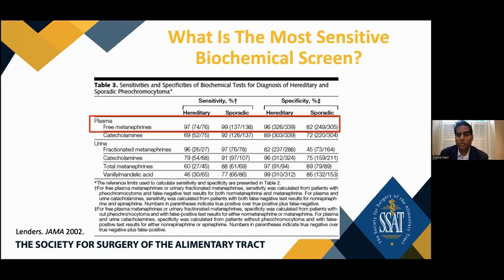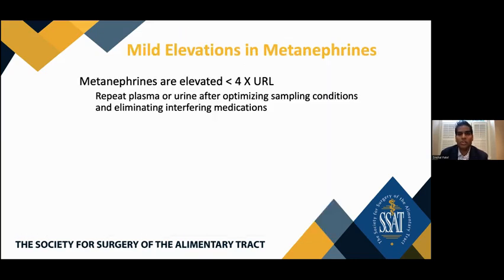If you look at plasma-free metanephrines, the sensitivity is going to be the highest, and similar if you do a 24-hour fractionated metanephrine. So either one is equivalent in terms of sensitivity, and the specificity sits around 85%. It's easy when the elevation is greater than 4x. But what do you do when you have these mild elevations of 2 to 3x?